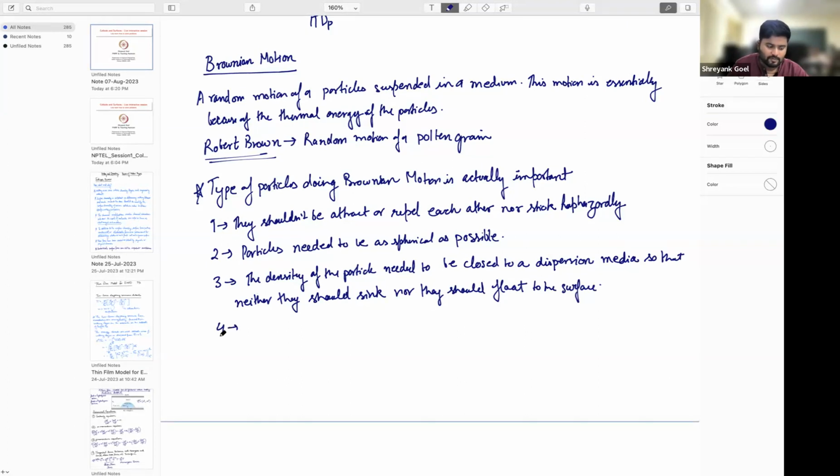So that is one of the important points. These are the difficult constraints on the type of particles that is needed.